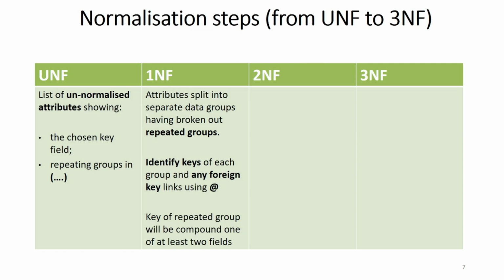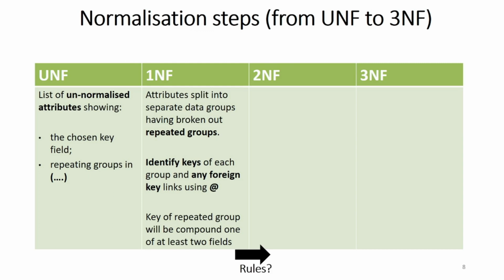We also need to identify the keys of each group and the foreign key correspondingly by using @, okay? This part is repeated for second and third normal form: identify keys of each group and foreign key links using the @ sign. So from UNF to first normal form, we split the attributes into two. In this case, we will technically have two entities. Okay, so now we have the first normal form.